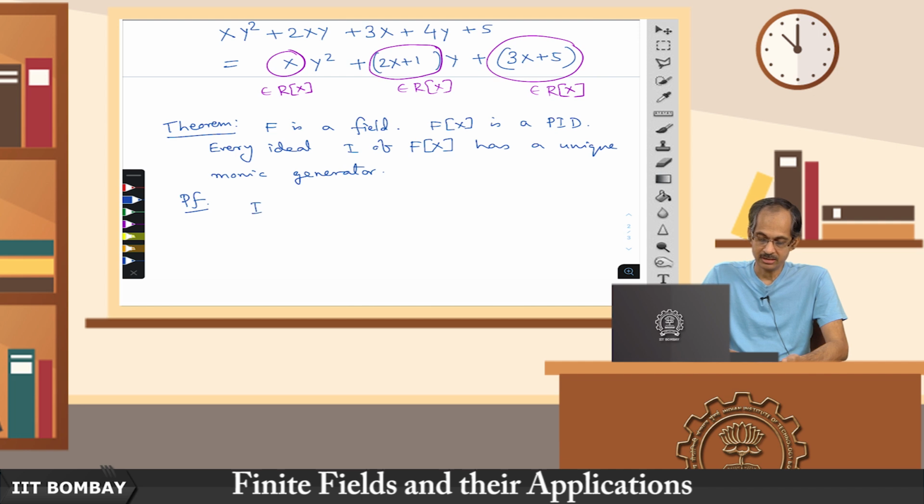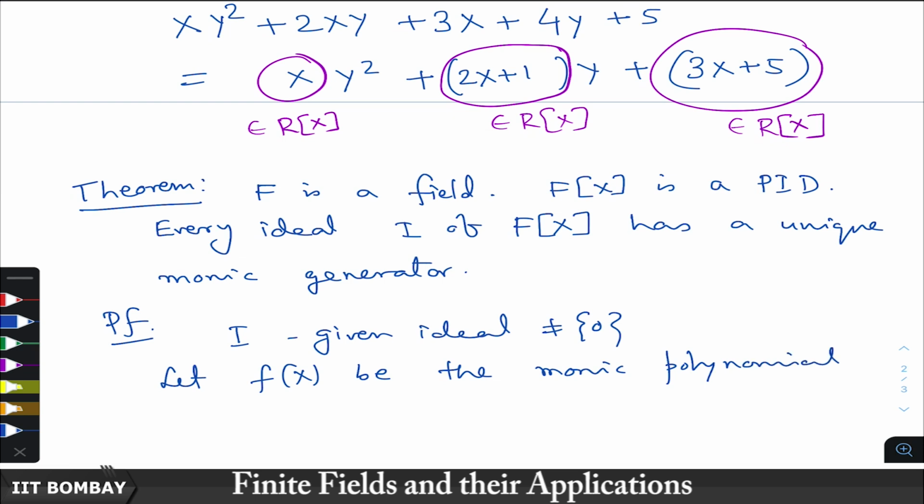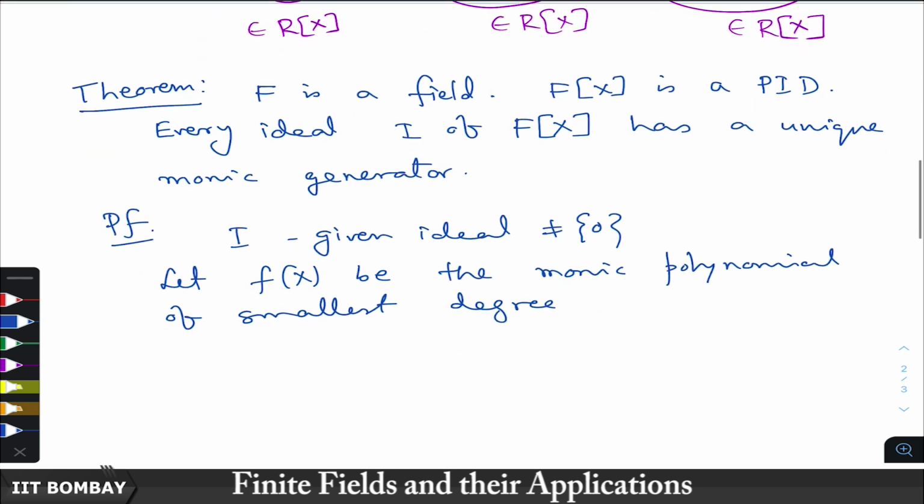Given an ideal, if it is non-zero, then there is a non-zero element, and we take the monic polynomial of smallest degree. Let that be f(x).